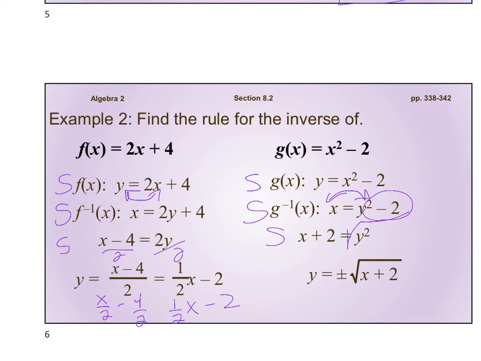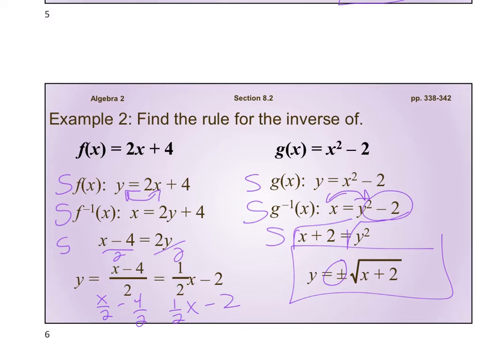Remember, when I do that, I have to have a plus or minus. Okay, so now that's my answer for y equals. Now, generally speaking, if that's a function, with square roots we have to only use the plus, can't use the minus. But this would be our equation, because we said the inverse of a parabola is not a function.